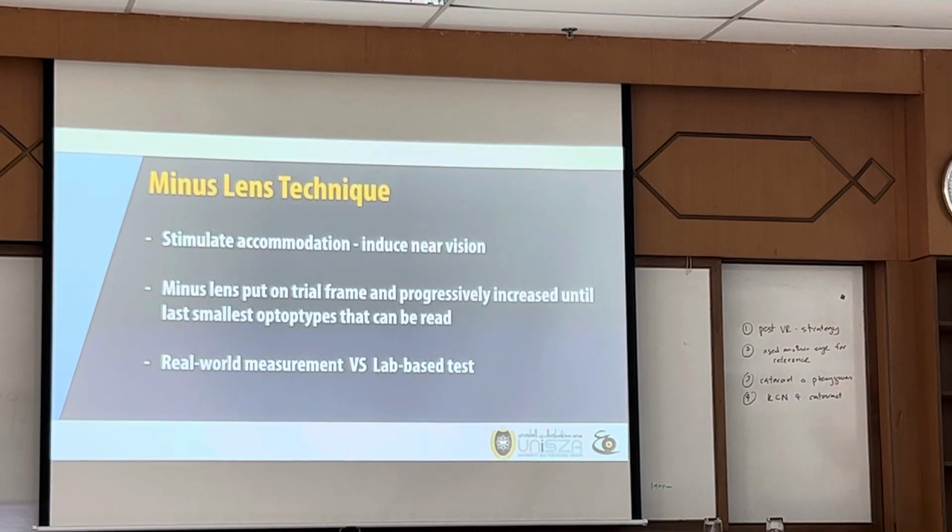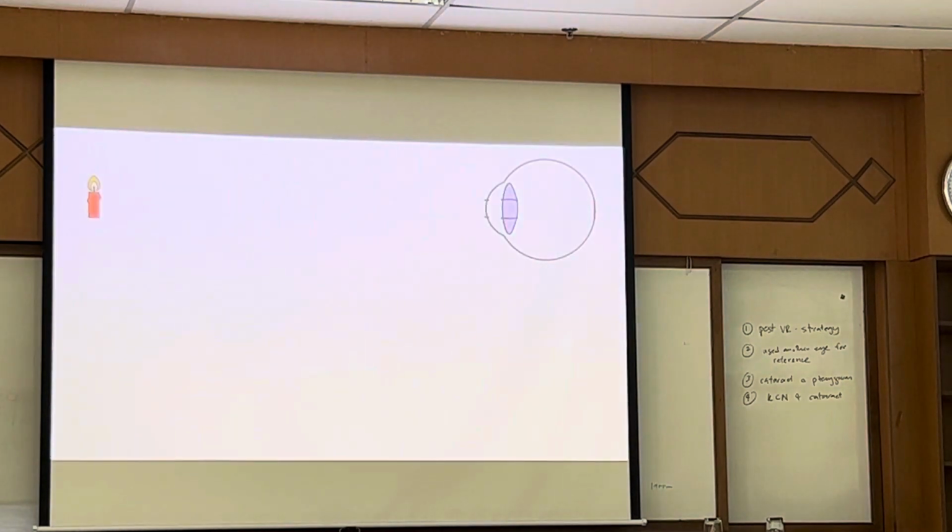So you are progressively putting in minus lenses of different power, so that you are inducing as if you are bringing the image closer to you. Okay. So this is basically a real world test. Sometimes the lab will give you this kind of power, it is tested in the lab, but you have to put it inside the eye of the patient first, then you can do a defocus curve to test the real world performance. Okay. So to start, you have to understand how you bring the image closer to you.